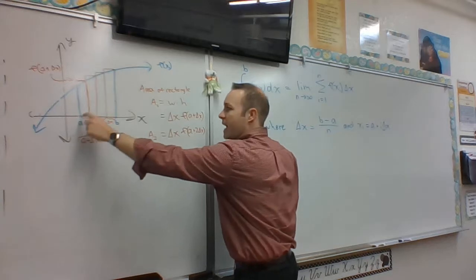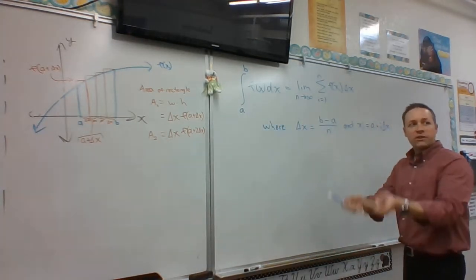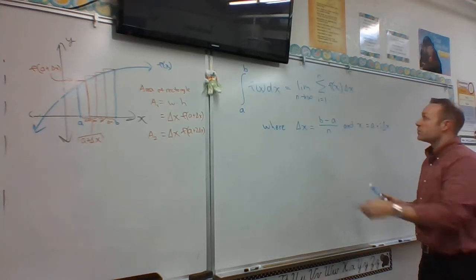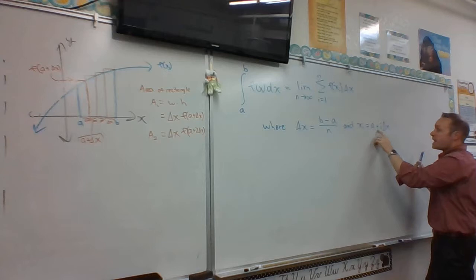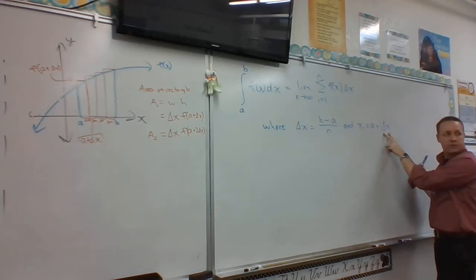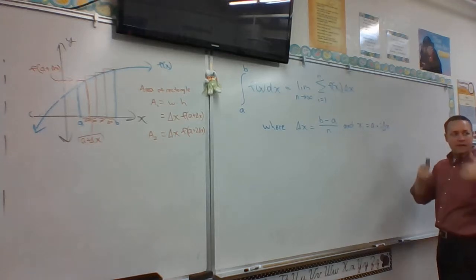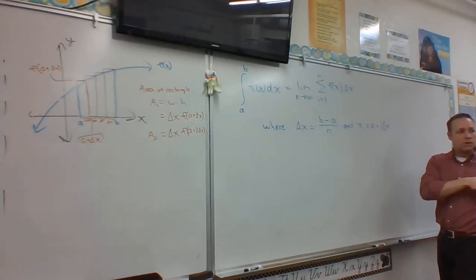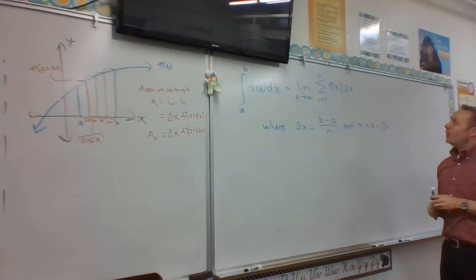Well, we start at a and we add 2 delta x's. So our second x value is a plus 2 delta x. And it's following the pattern of i just going 1, and then 2, and then 3, and then 4. Do you feel better about that? Yeah. Okay.